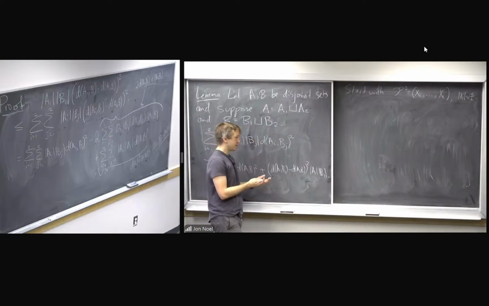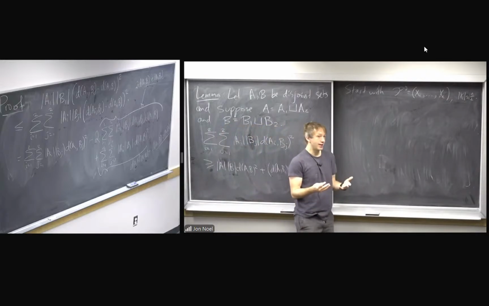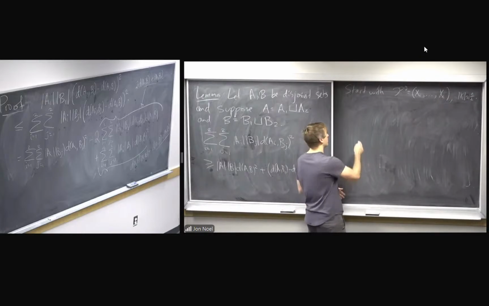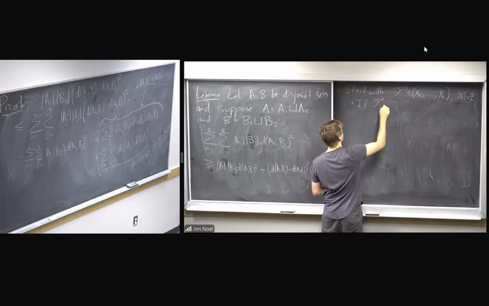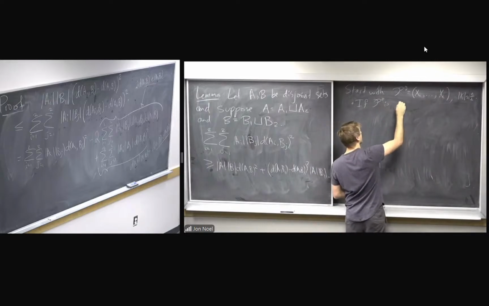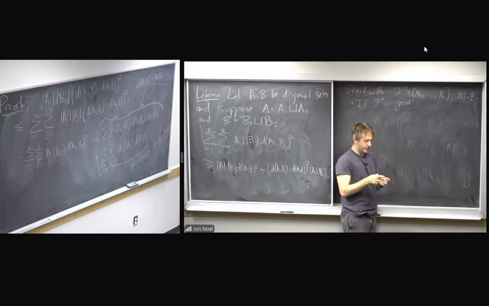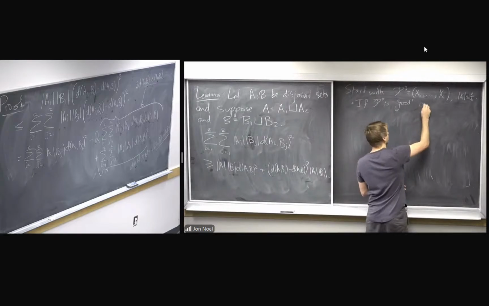If you just got lucky and this partition satisfies the criteria, you just output it. So if P0 is good, meaning at most epsilon t squared of the pairs are not epsilon regular, just output it.